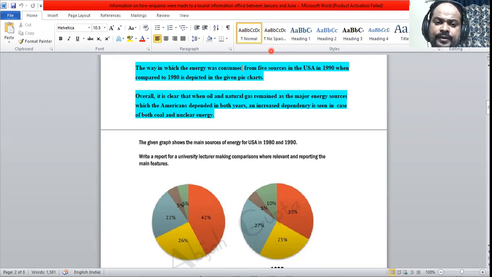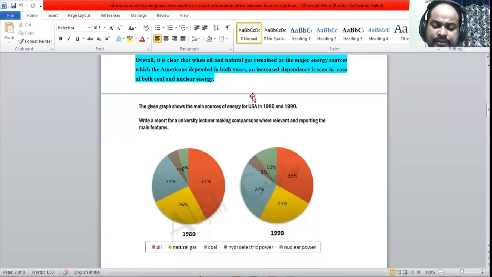We have 5 sources here: oil, natural gas, coal, hydroelectric power, and nuclear power.